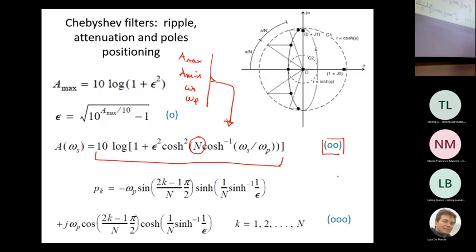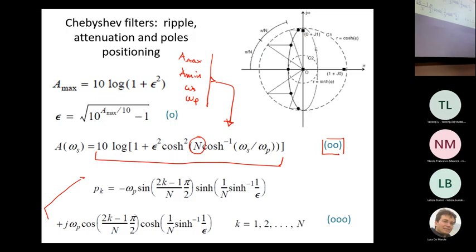The third step, as before, is related to the pole positioning in the complex plane, based on the value of n and epsilon. The formula here is slightly more complicated because the poles in the Chebyshev case are arranged on an ellipse, not on a circumference.